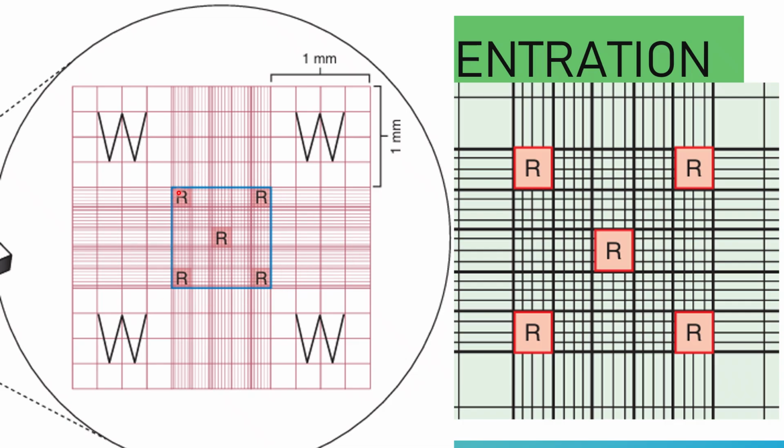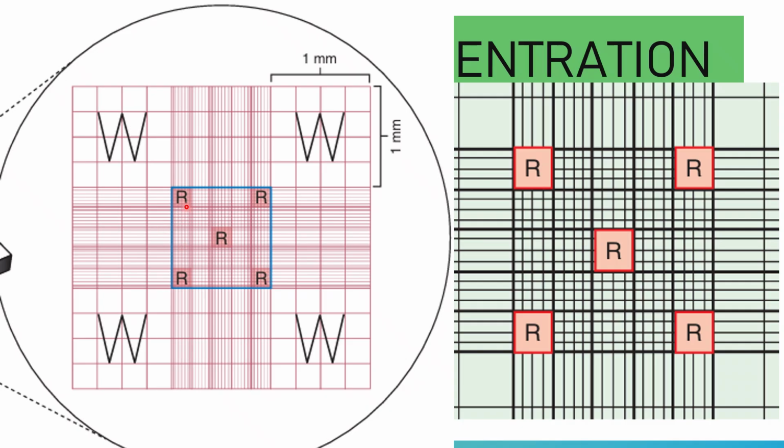Please note that at the central square, each of the small squares here is 0.2 mm by 0.2 mm.